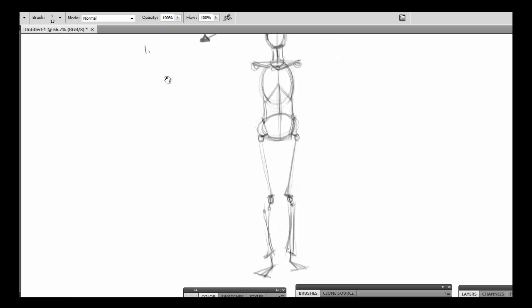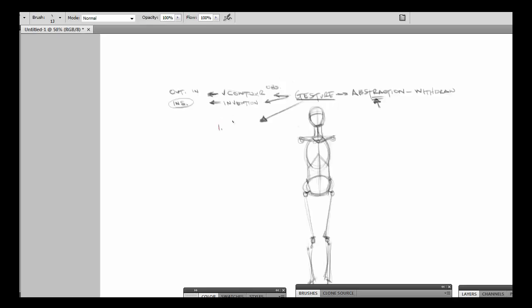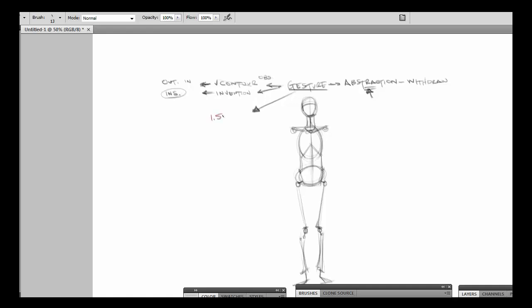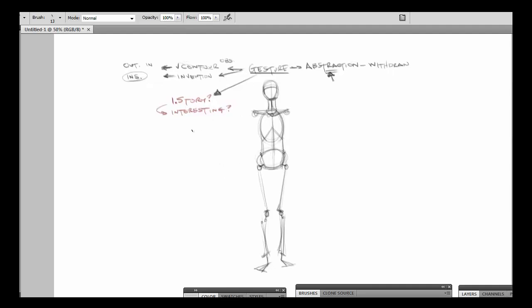The first thing that's really important in gesture is the concept of a story. And not like you have to have a great opus or completed narrative in any sense, but story I'll take to mean here what's interesting about it. So if anything, I'm of the opinion that if we don't have an interesting position or something interesting to say with the figure, then it may be better just to not draw it.